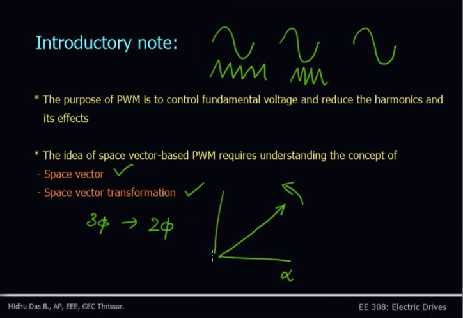We are calling this two-phase axis the alpha and beta axis, and we are transforming the three-phase sinusoidal signals into two-phase and representing it by a rotating space vector.